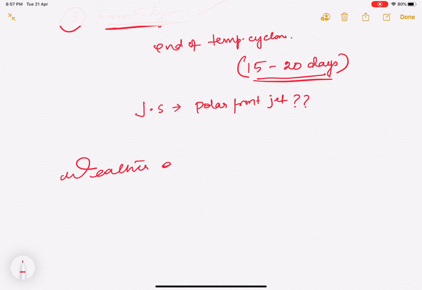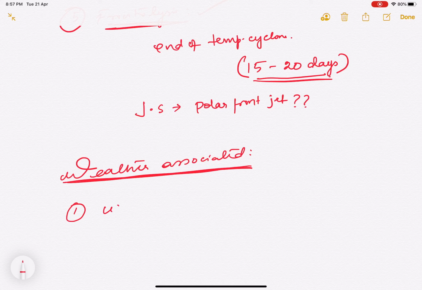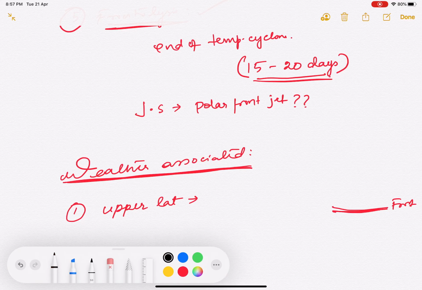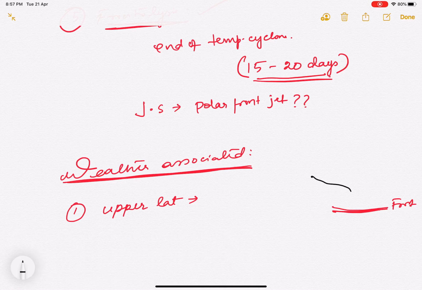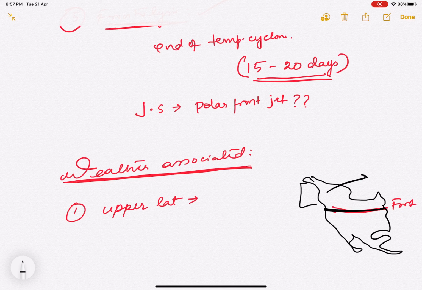Now, for the weather associated, basically I would divide. First, we know the upper latitude. What is the upper latitude? It means the area above the front. This was the front where the convergence of the cold and the warm air took place. So basically I would talk about this area where there was the warm front, and this area where there was the cold front.